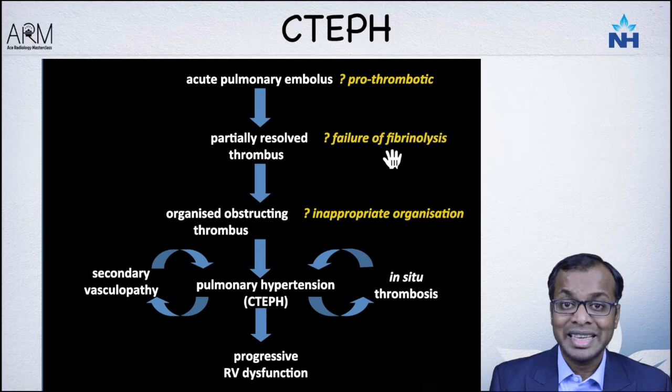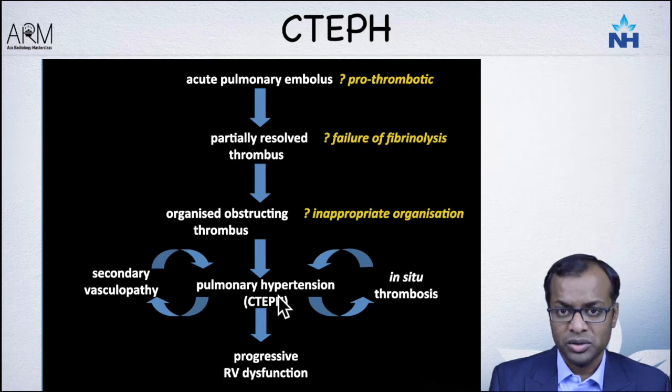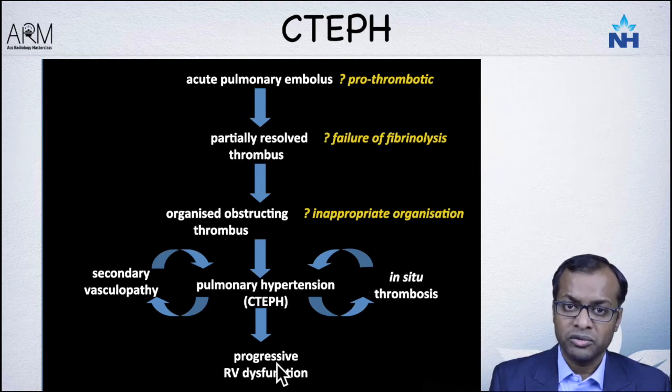But if there is incomplete resolution of thrombus, this leads to blocking of the vessels, which again leads to vasculopathy or abnormality within the vessel wall, and that leads to pulmonary hypertension. So, acute pulmonary embolism which is not fully resolved keeps getting organized over a period of time and starts to increase the pulmonary pressures in these patients. This eventually leads to RV dysfunction and is often a cause of death in these patients.